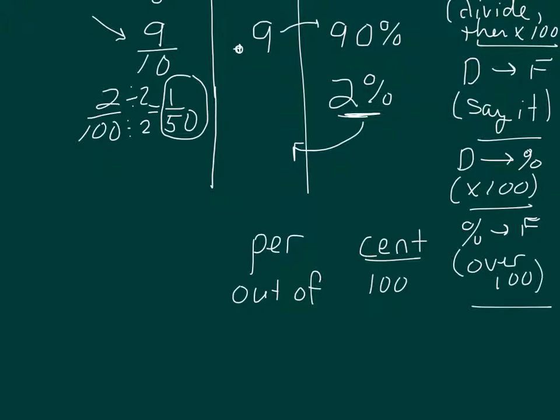Okay. And the last one, we're going percent to a decimal. Guess what? Since decimal to percent is multiplied by 100, going the other way is divide by 100, which means just slide the decimal 2 spaces to the left.